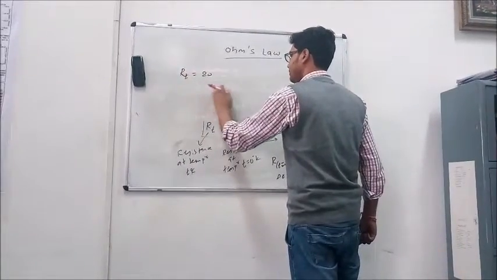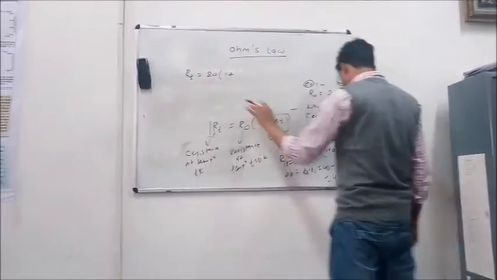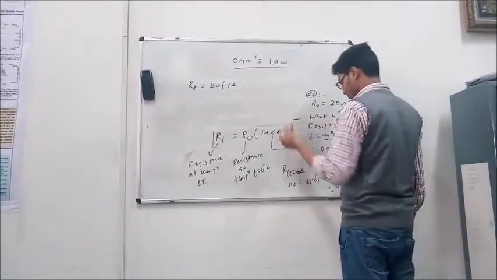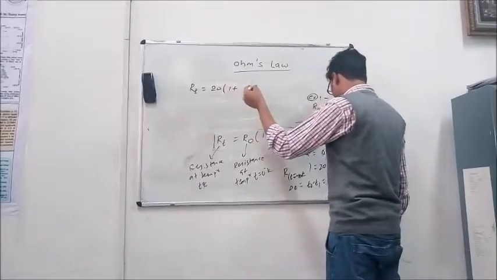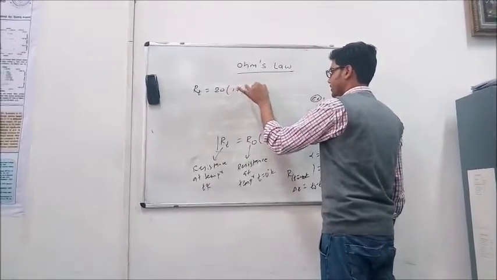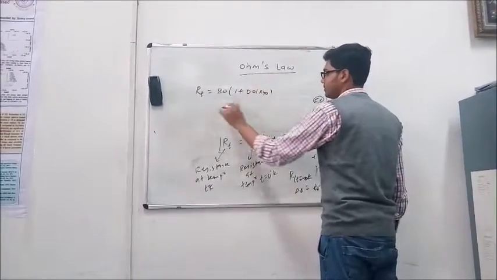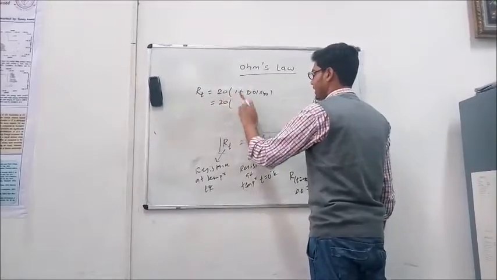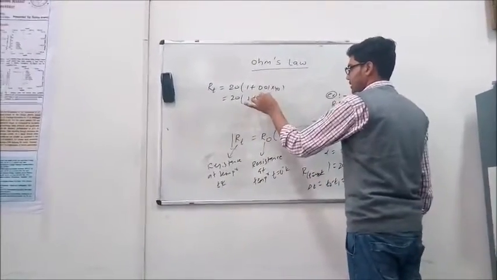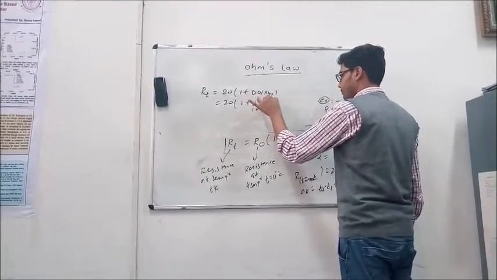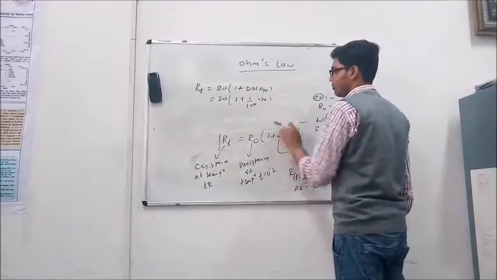This is 20, 1 plus alpha, which is 0.01, multiplied by 40. So 20, 1 plus 1 by 100 multiplied by 40. The 4 cancels, giving 0.4.